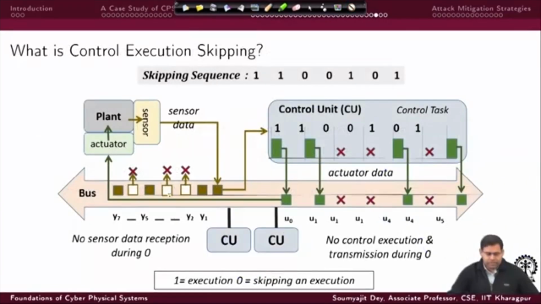So, let us take this example. Suppose we have this kind of a skipping sequence. That means we have decided that we will execute control here, but not at these points, and then again at these points. So, I am taking some measurements on the bus.